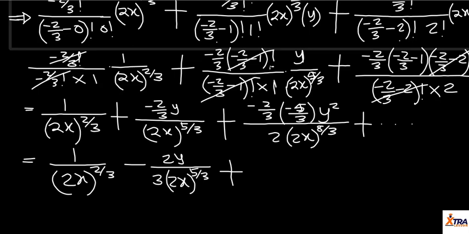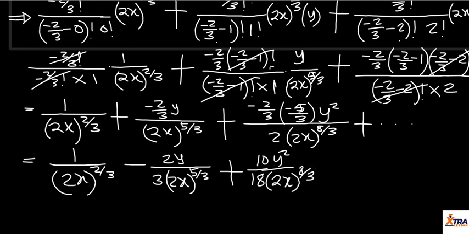So we'll be having 10 over 9 divided by 2, which will be 10 over 18. But then we are still having our y squared here, so we have 10y squared divided by 18 into brackets 2x raised to the power 8 over 3.